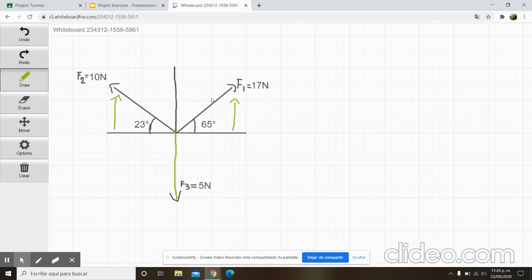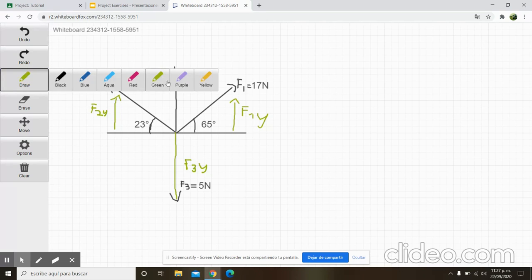First we have this in force one, so this is force one J. This is in another force, force two, so force two J. And then finally it is in force 3, so it's force 3J. Okay, so now we have the force y.